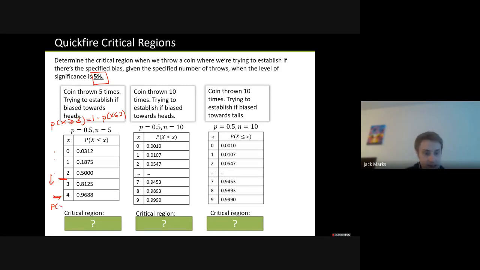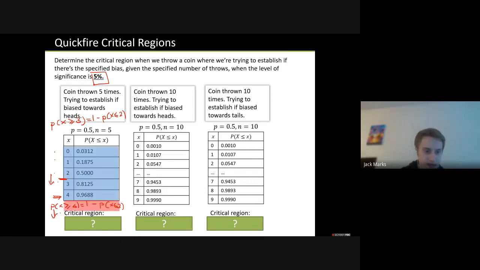What's the probability if we talk about 4 or more? Well, it's 1 minus the probability of up to and including 3. 3 is 0.81, so that would only be about 19%. So again, it's not unlikely enough. So you've got to keep going.